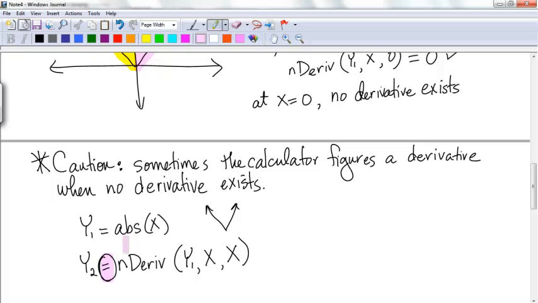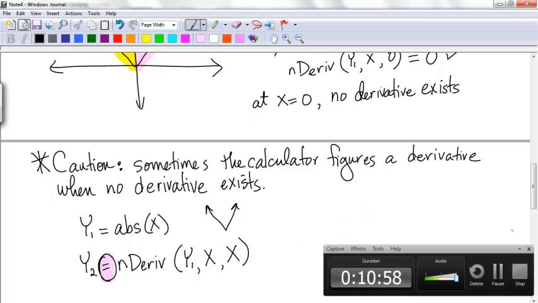And one more thing, it looks like it's connected. One more thing, go into mode and go to dot mode. There we go. And that's the derivative graph.